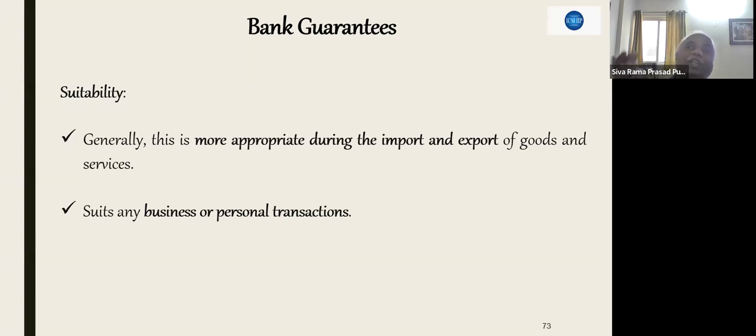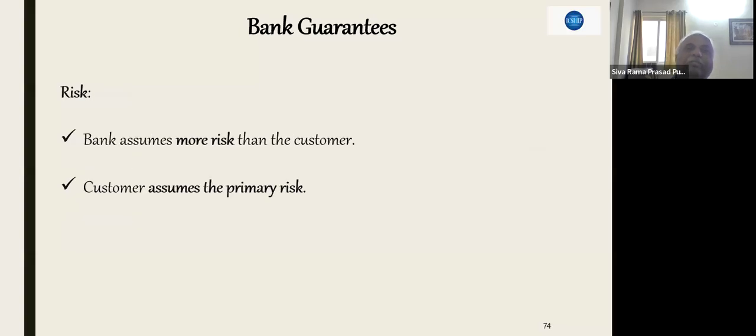That will govern particularly LCs for export and import. Domestic, the Indian Contract Act suits any business or personal transaction, particularly bank guarantees.